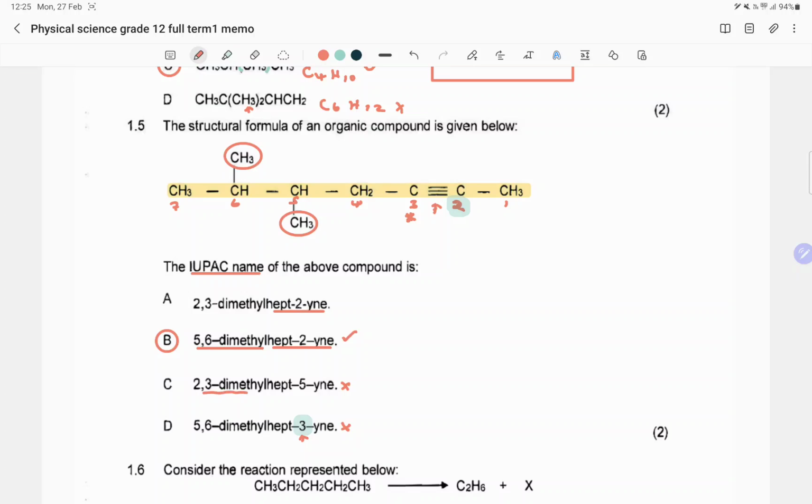This one is already wrong because the position here is messed up, isn't it? Because where is the triple bond? The triple bond is not even on there. This one would have been carbon, if you said this is 1, 2, 3, 4, 5. So it means we did not prioritize. Here, we failed to prioritize the functional group.